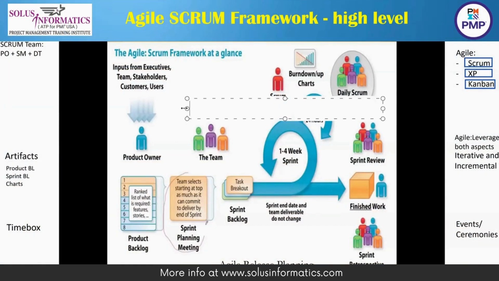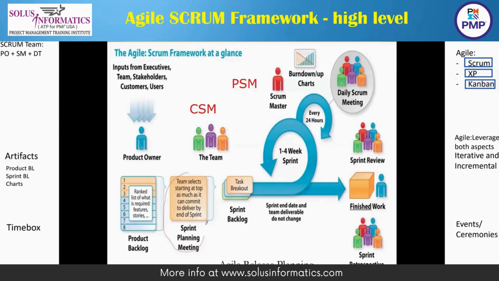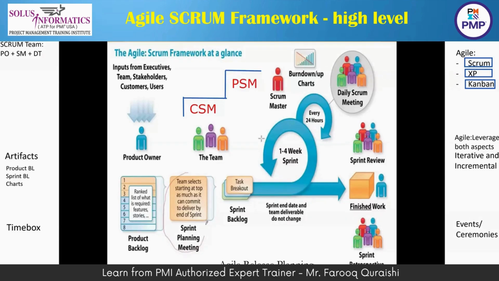You have the certification called the CSM, the Certified Scrum Master, and on top of that, you have a certification called the Professional Scrum Master. Certified Scrum Master is about the basics, the fundamentals. This is actually for beginners. And PSM is a certification on the professional level.